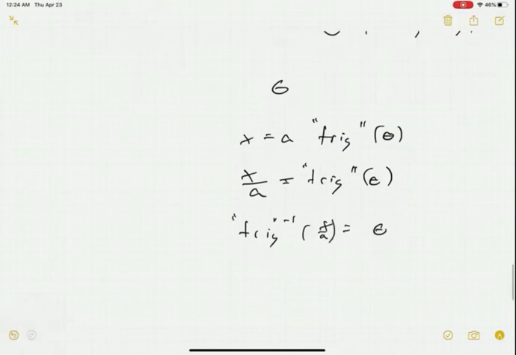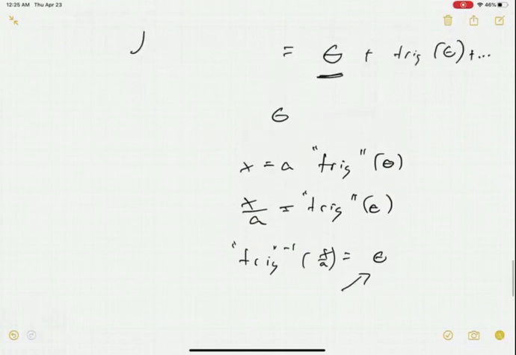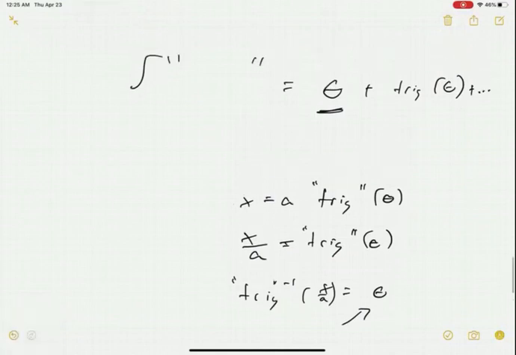Okay, so that's how we undo the substitution for theta when we have this theta term. How do we undo the substitution for this trig stuff? Maybe our substitution is x equals a sine theta, but in this antiderivative we end up with something like cosine of theta.